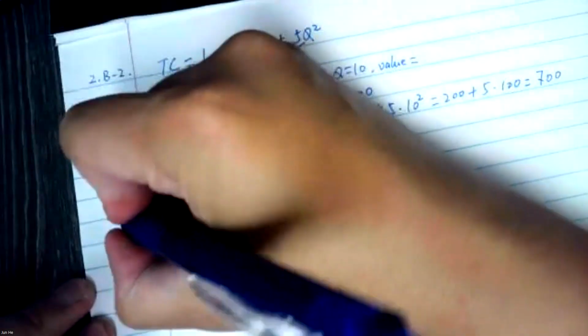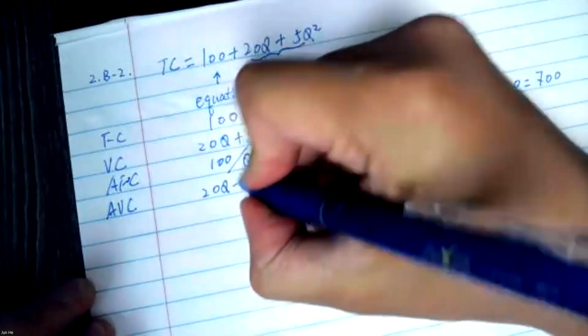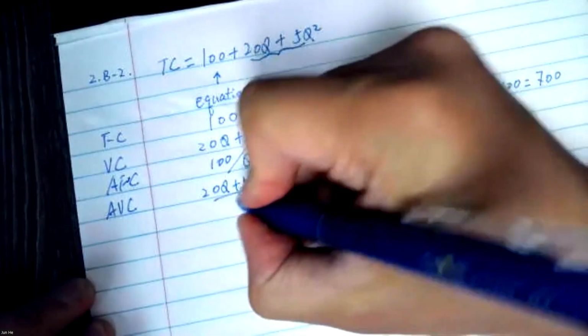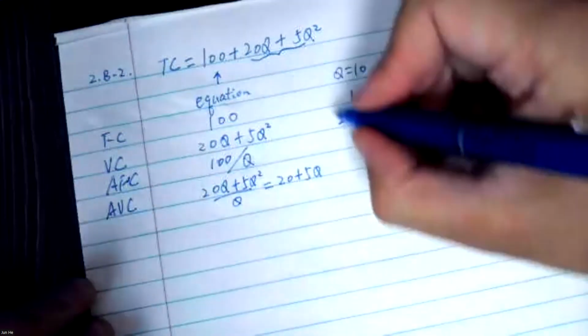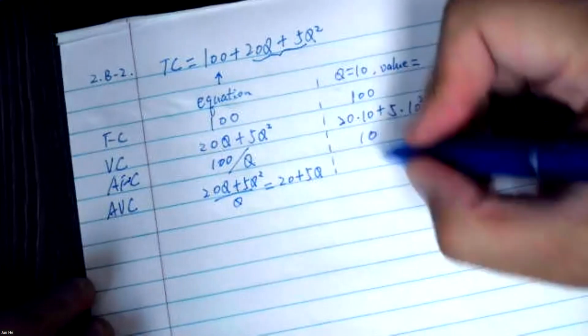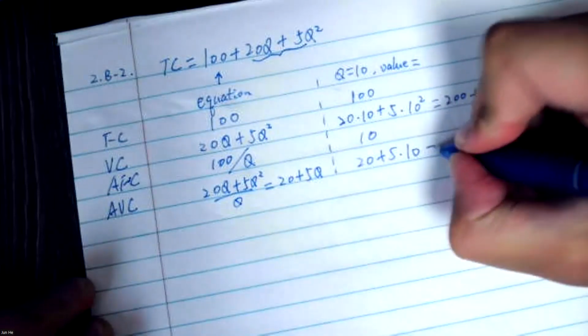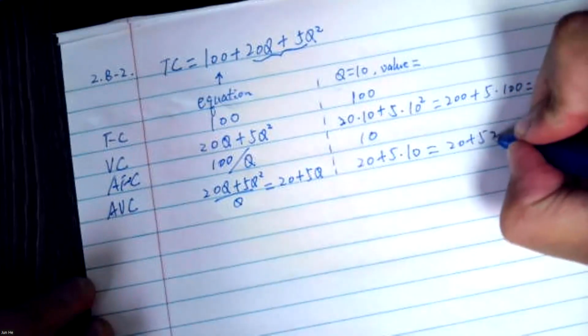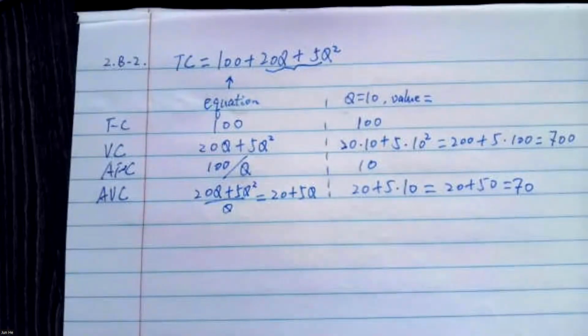And average variable cost, that is 20Q plus 5Q squared over Q, which is 20 plus 5Q. And the value when Q equals 10 is 20 plus 5 times 10, which is 20 plus 50 equals 70. That is your average variable cost.